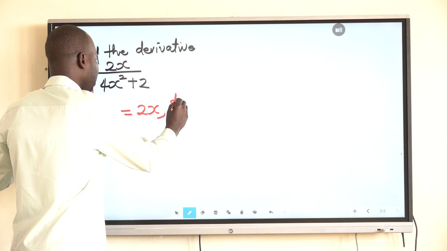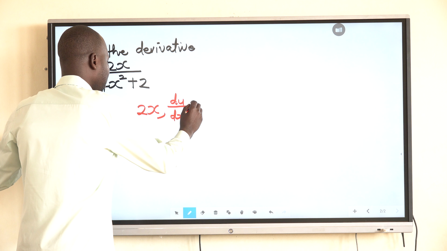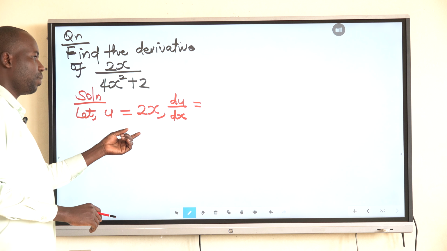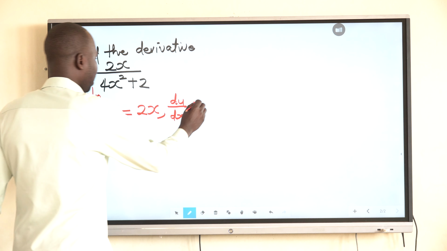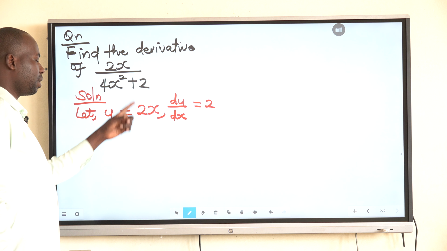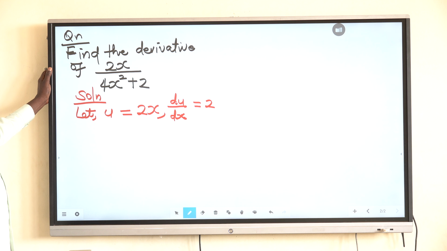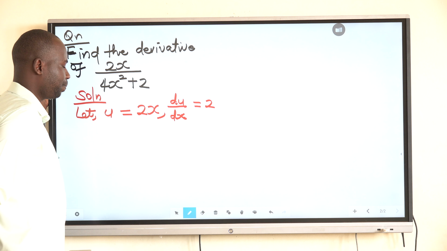So we get du/dx. If you differentiate 2x, you recall very well, the answer we get is 2, because here there is power 1 and the x disappears. So if u is 2x, du/dx is equal to 2.